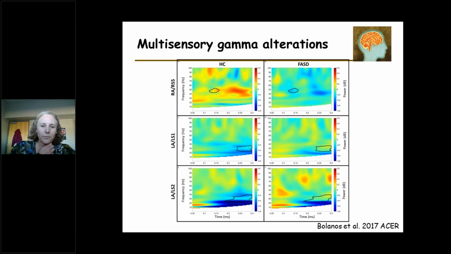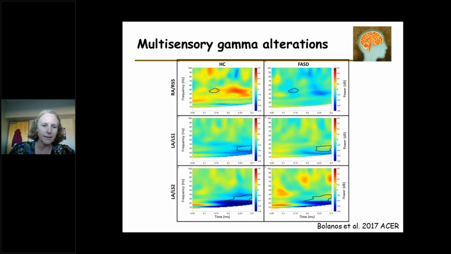So in this same study, we actually looked at neural oscillations as well to try and determine if these neural oscillations are altered. So as a part of multisensory integration, we know that you have to sort of bind things together, and one thing that has been implicated for feature binding is gamma oscillations.